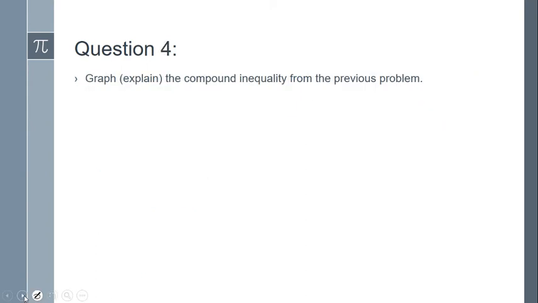All right, so now this problem says, let's go ahead and graph that from the previous problem, or explain how you would graph the inequality. So let's remind ourselves of the inequality. One thing we should know about all these inequalities that imply the word and is that they're a range.